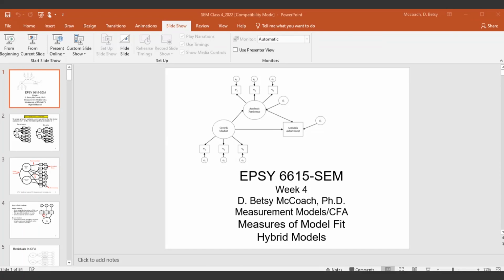And then we need to talk about measures of model fit. That's a very ambitious agenda for today. Here's my fallback plan. We will certainly get through measurement models and hybrid models. There is a possibility we won't get to the measures of model fit stuff, which is at the end of the PowerPoint.